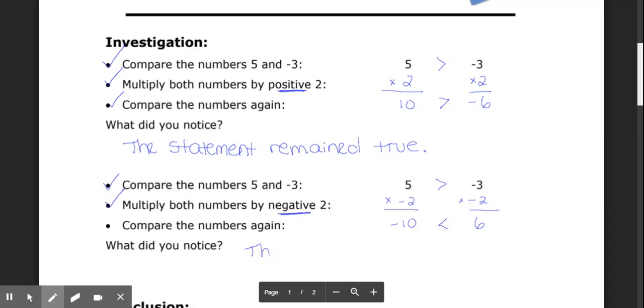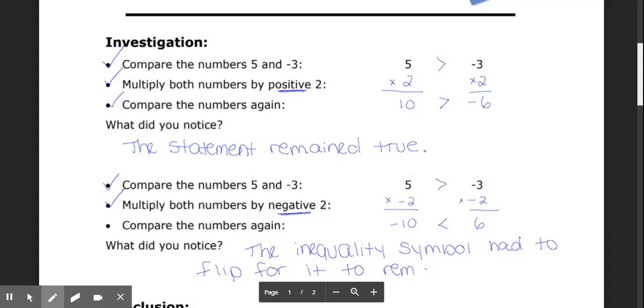So the inequality symbol had to flip for it to remain true.